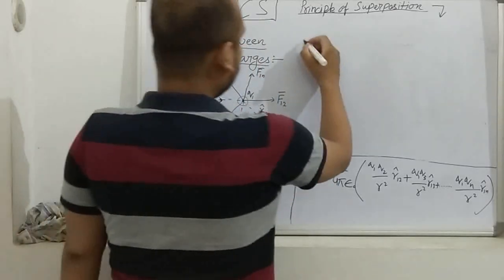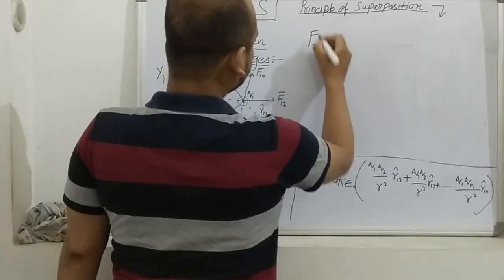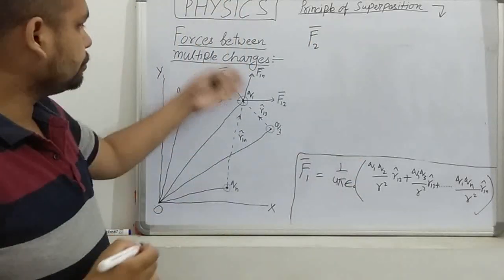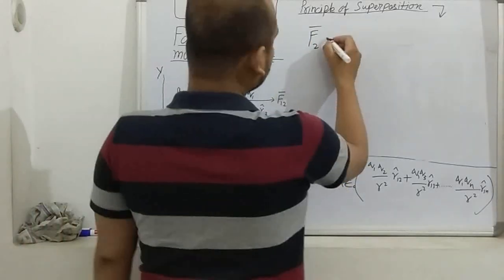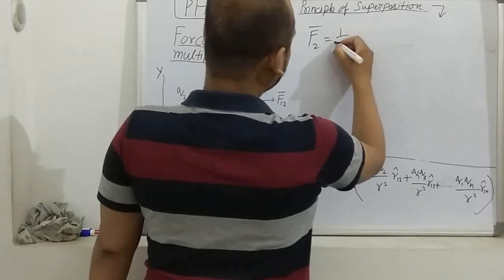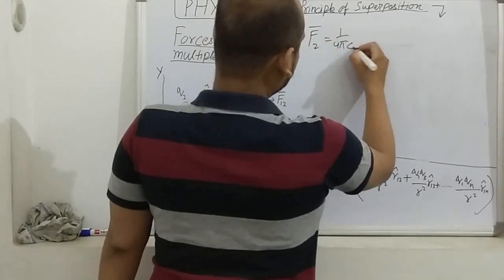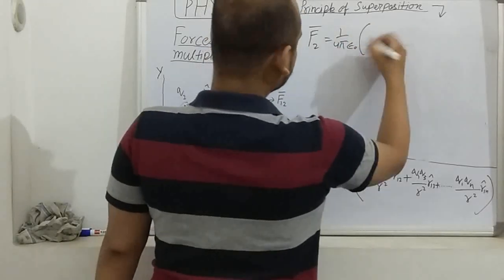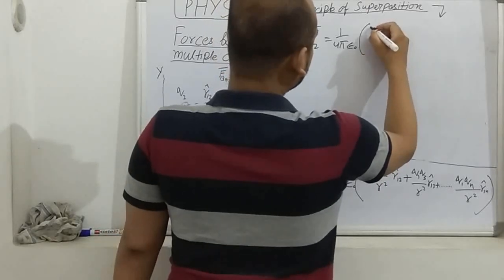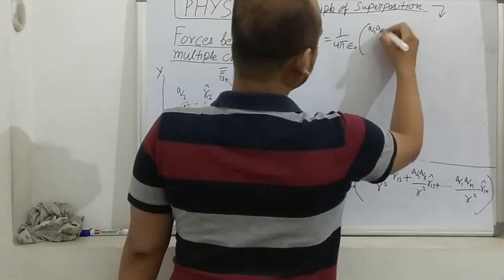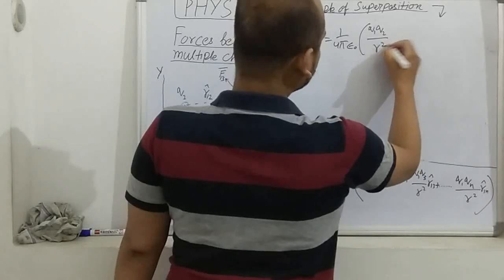Like this we can get F2, the net force on Q2 due to all other charges, that will also be equal to 1 upon 4 pi epsilon naught Q1 Q2 upon R square.